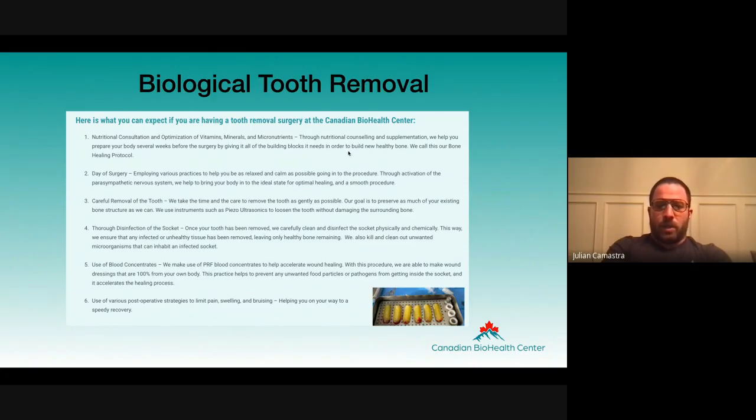And that's what we call our bone healing protocol. So that's for 1 month leading up to surgery, ideally, or minimum 2 weeks before, and then 4 to 6 months afterwards. That's how long it takes for your body to be regenerating new bone. And then the day of surgery, we employ various practices to help you be as relaxed and calm as possible, like we talked about before. Activation of the parasympathetic nervous system.